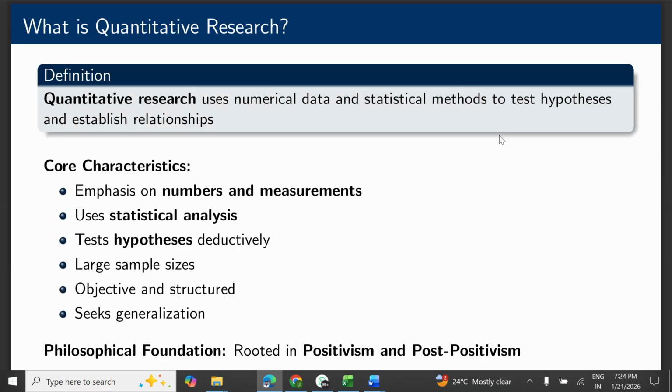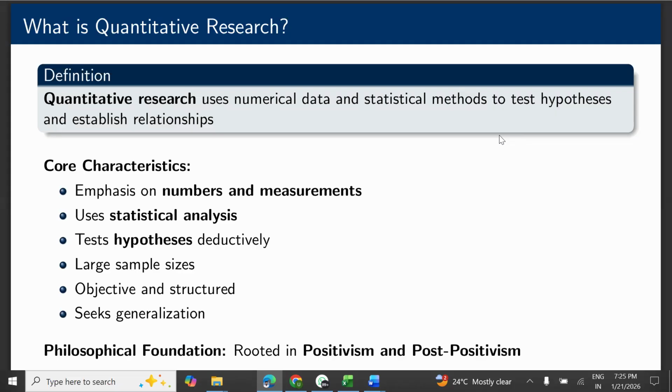So, to start with, what is quantitative research? Quantitative research basically uses numerical data and statistical methods to test hypotheses and establish relationships. And what are the characteristics of quantitative research? In quantitative research, the emphasis is on numbers and measurement.